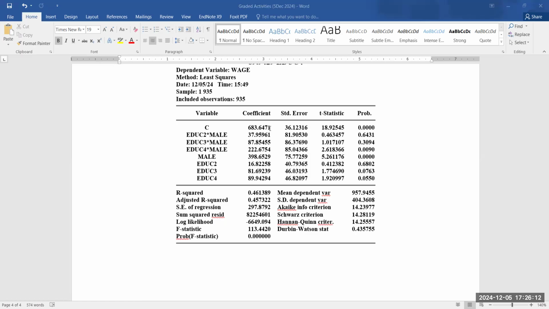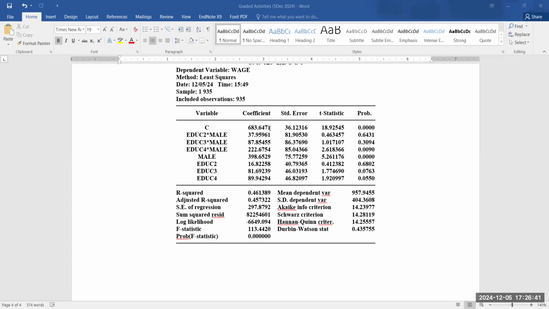This indicates that 46.14% of the variation in wages is explained by the variables included in the model. The F statistic is 113.44 with probability 0.000, rounded off to 4 decimal places, probability less than 1%.